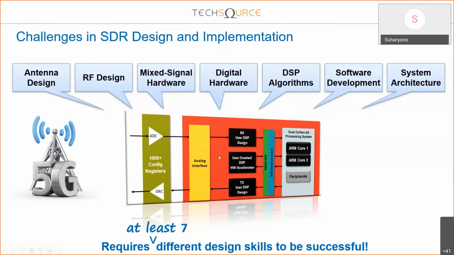As you can see in this slide, in order to design a robust SDR system, you require multiple skill sets, from designing your antenna, RF portion, baseband or DSP part, to coming up with the hardware-software architecture design, like FPGA, and also embedded software development, just to name a few.